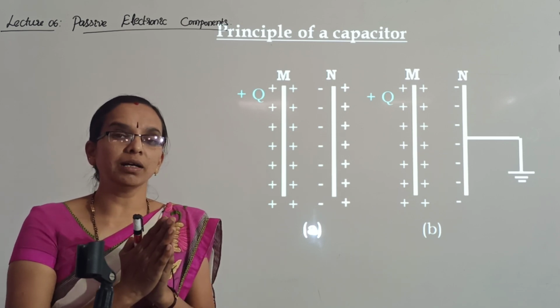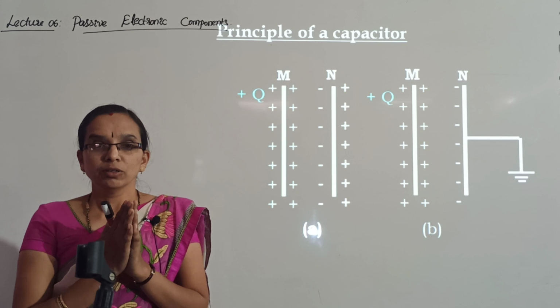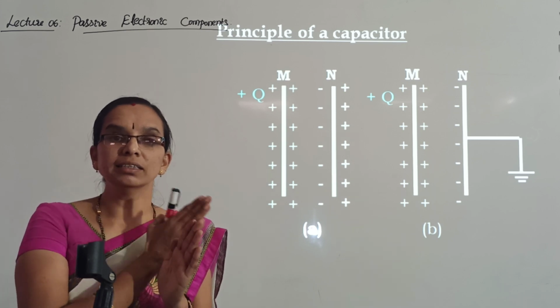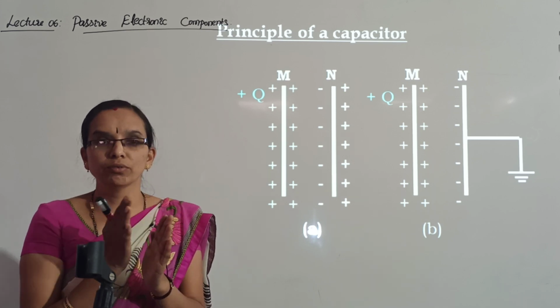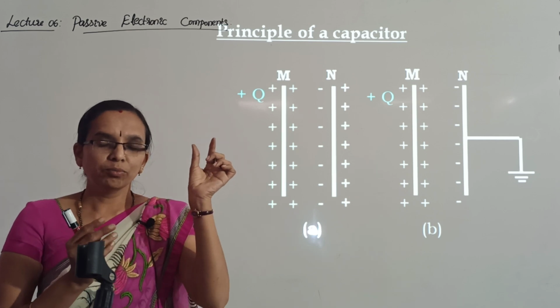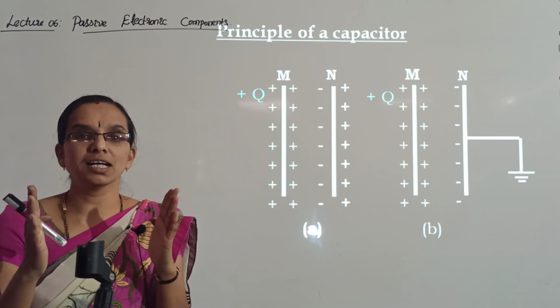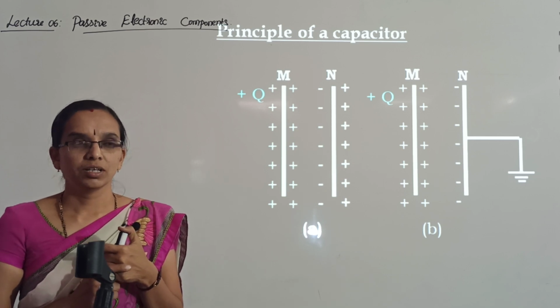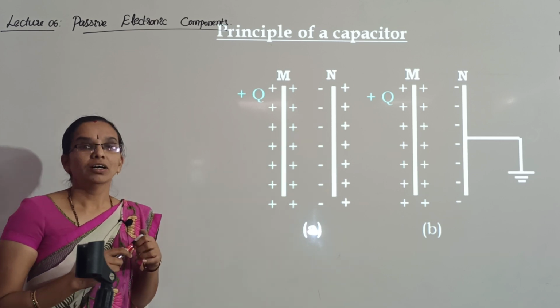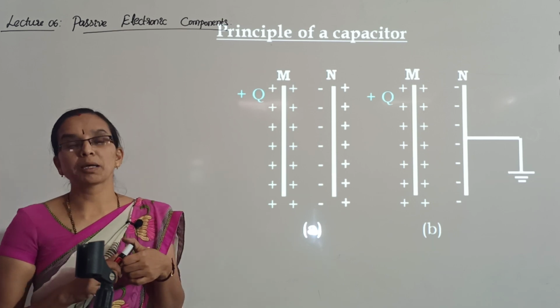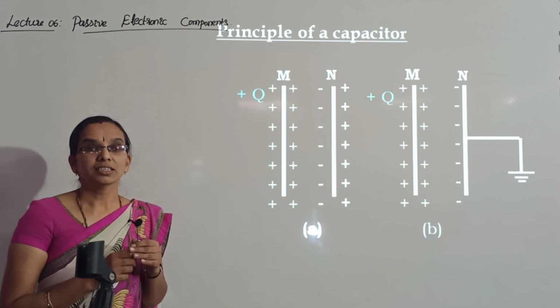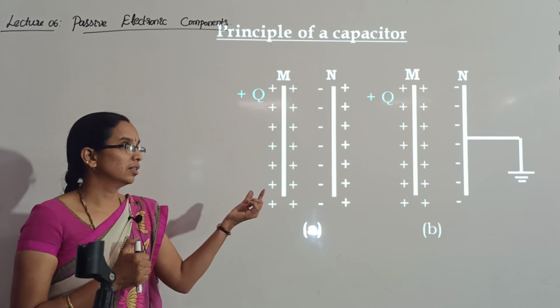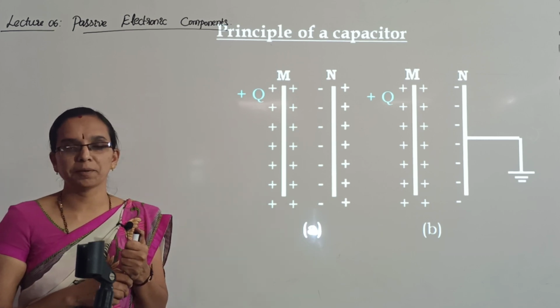This dielectric medium will act like a barrier for the charges to flow. So both the plates will be charged and you can store electrical energy. The basic purpose of a capacitor is to store electrical charges. How is it done? Using this principle.